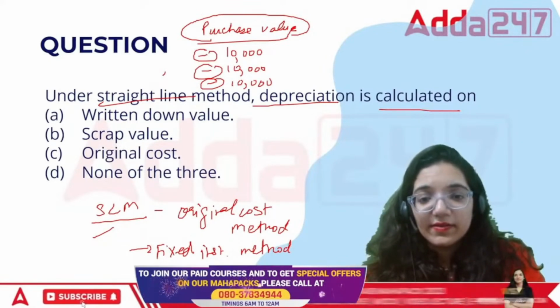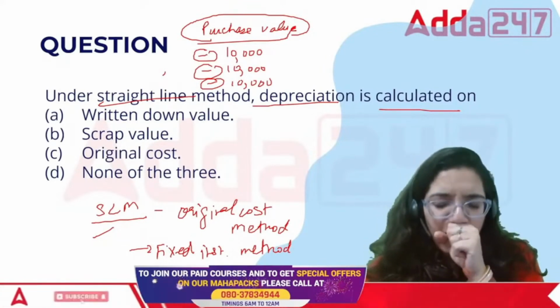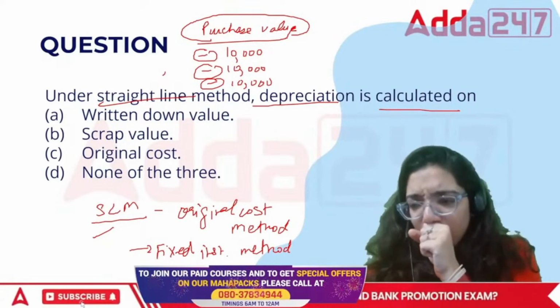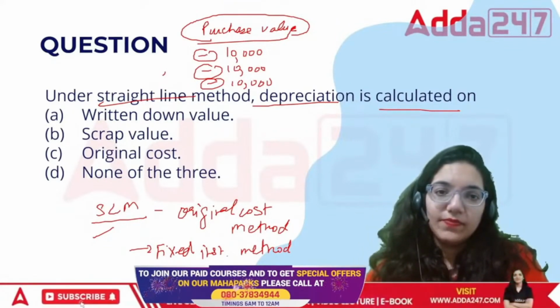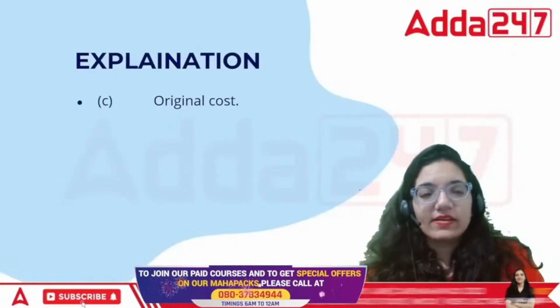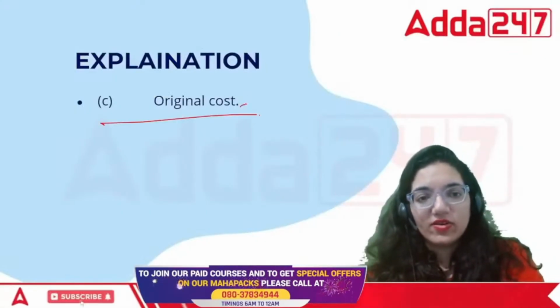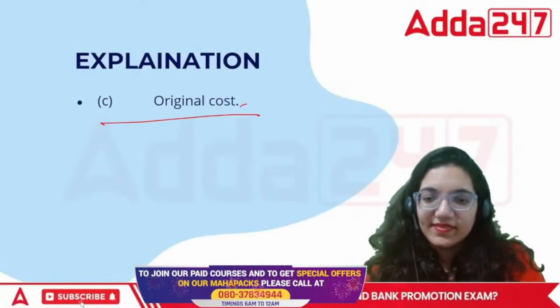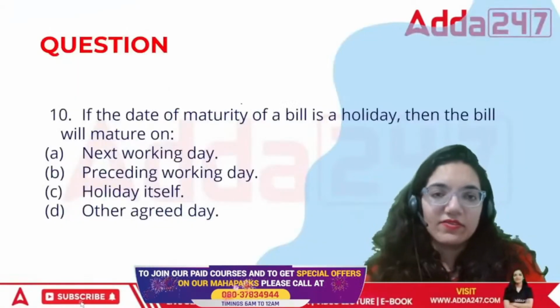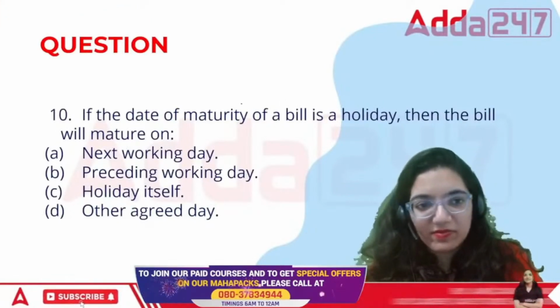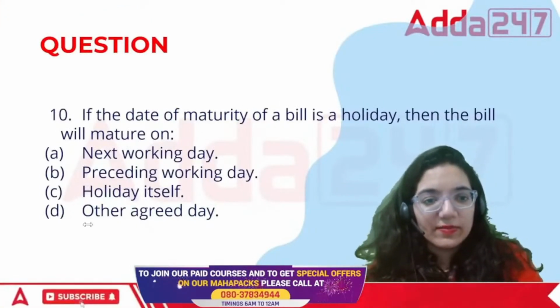Done? So in this case, the correct answer is original cost. Now, okay, we are done with the fixed installment method. That is the other name.